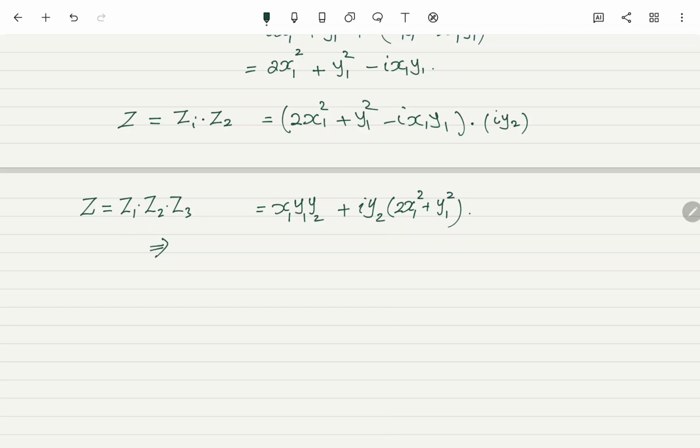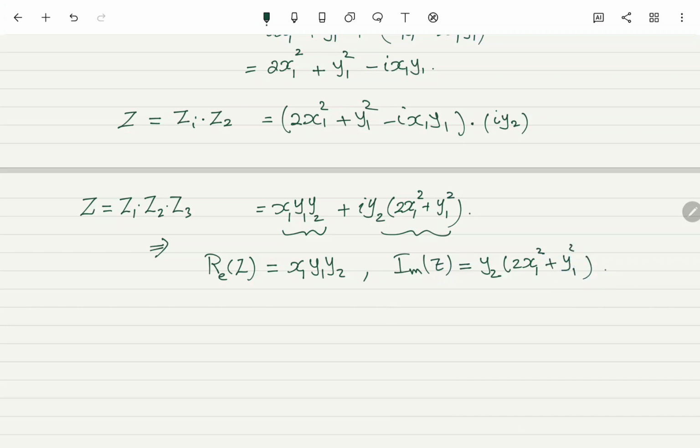From this result, the real part is this one here, and the imaginary part is this one here. So the real part of z equals x1 y1 y2, and the imaginary part of z equals y2 times (2x1 squared plus y1 squared).